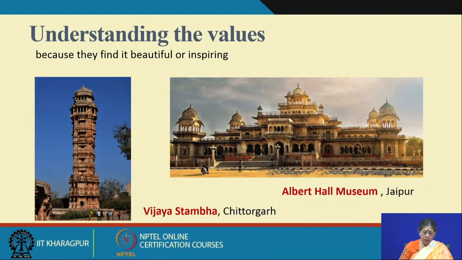In the same region, the Vijayastambha at Chittorgarh is beautiful definitely, but it is also very inspiring. It has its own association value because it talks about victory. So, as we try to point out, there is a difference between the beautiful and the inspiring, and some can be more beautiful and some can be more inspiring.